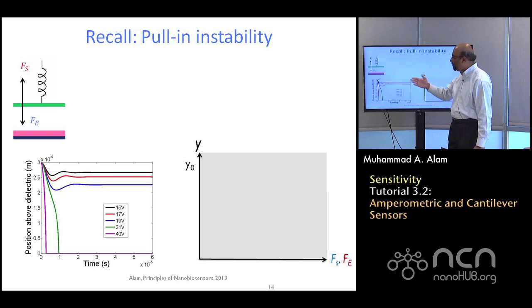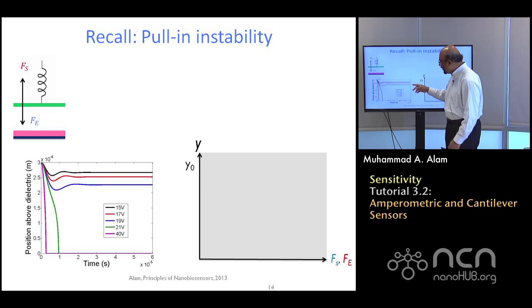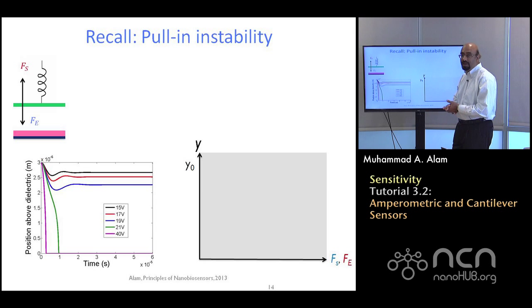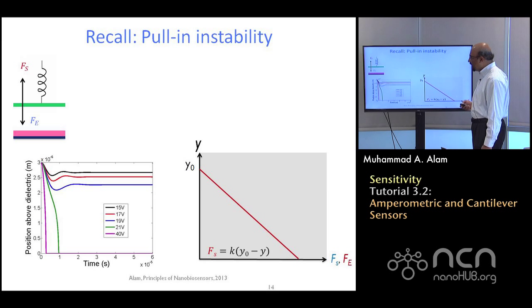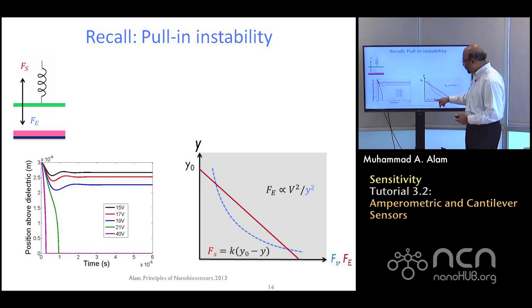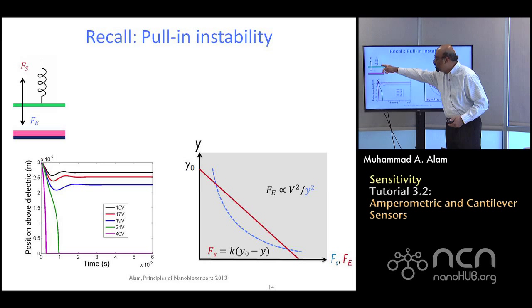But you can calculate for every cantilever, it will be a slightly different voltage called the pull-in voltage. We have to stay below it. And you can see at the transition point, this top side is 1/3 and this bottom side is about 2/3. So we cannot pull it more than 1/3 because then we'll be pulled in and then we don't have an electrostatic sensor. So in order to get this analysis right, what has to be done is that at every point we have to balance the spring force associated with the spring.